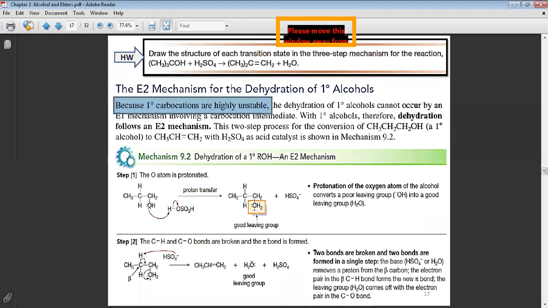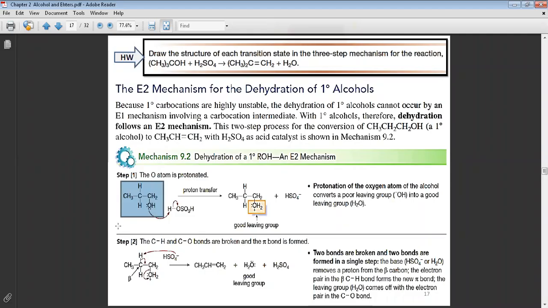This primary carbocation, where will it come from? From primary alcohol. That means primary alcohol gives you what? Primary, secondary, or tertiary carbocation?